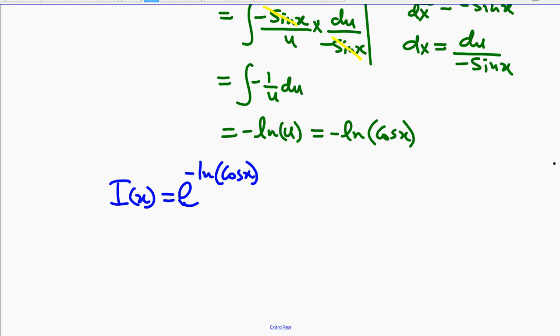Is it really? Oops, I think I made a mistake. This is actually a positive. So that's positive. All right. So that will just be, because negative and negative cancel, e to power ln cos x.